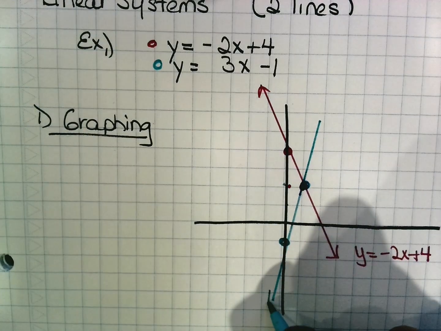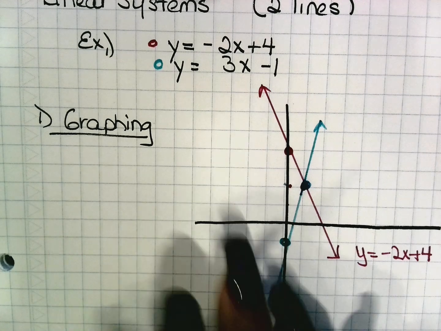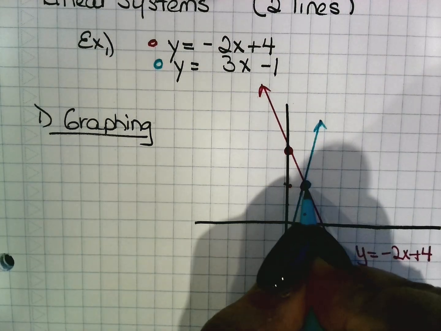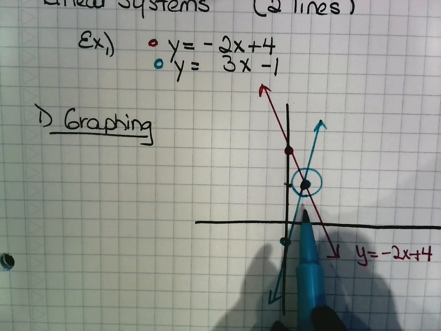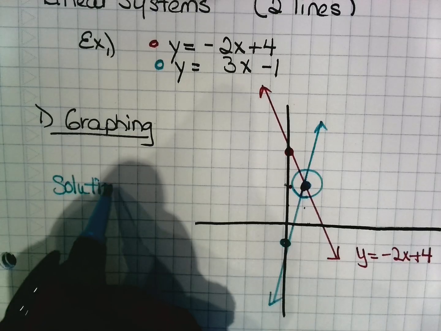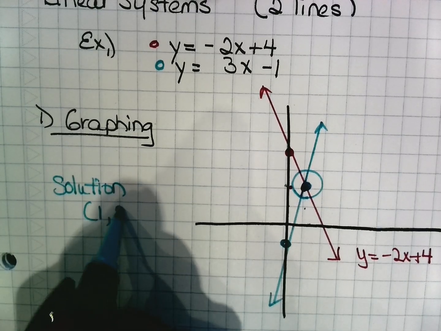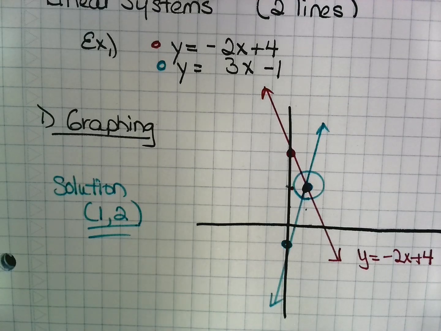So easy peasy. Now the solution of this system is where the two lines intersect, that point right there, which is at 1, 2. So my solution is 1, 2, and that's how we find a solution of systems graphically.